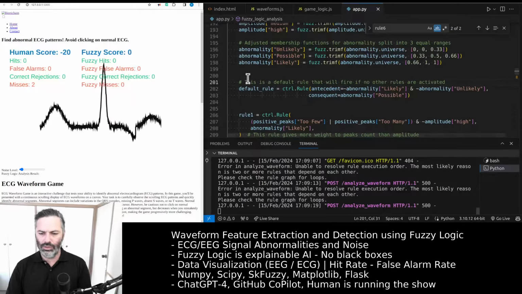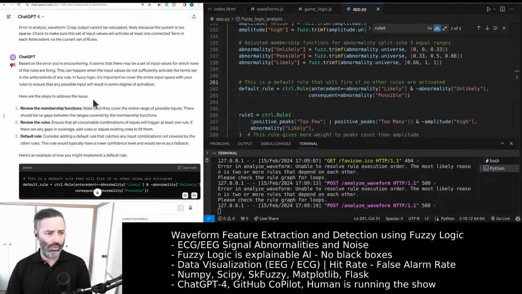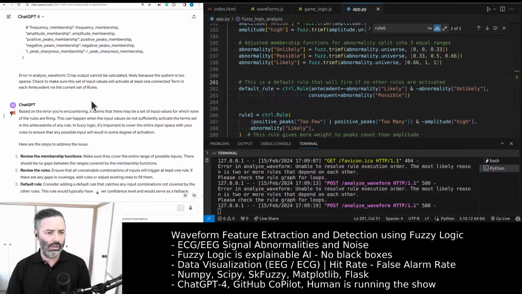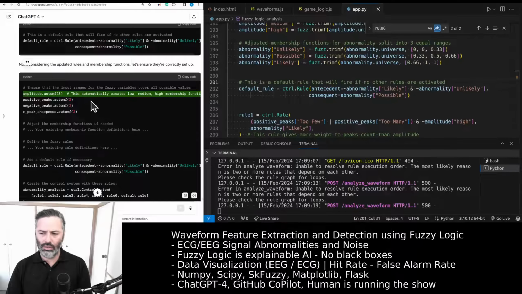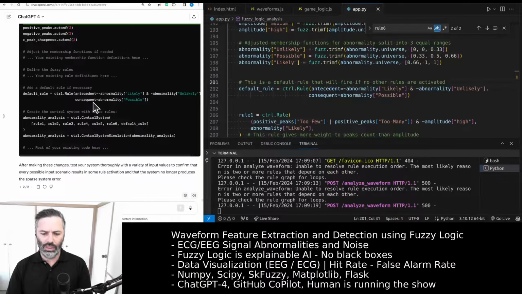Unable to resolve rule execution order. There's two or more rules that depend on each other.